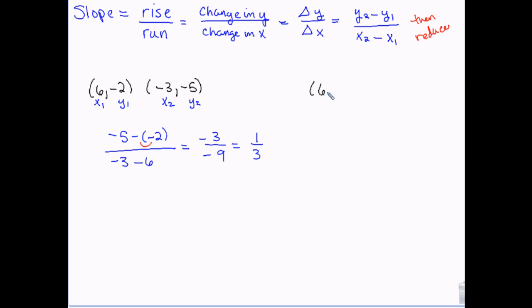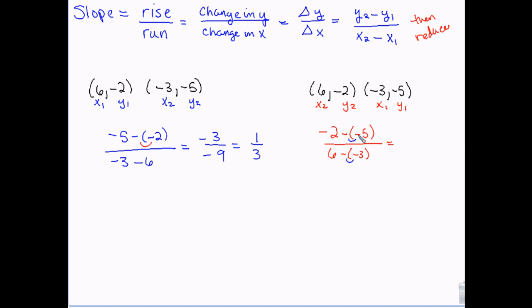Now, if I have the same points and I decide that this is the second one, it doesn't matter. I can do -2 minus -5 over 6 minus -3. And now I have two happy people, so they're both positive.